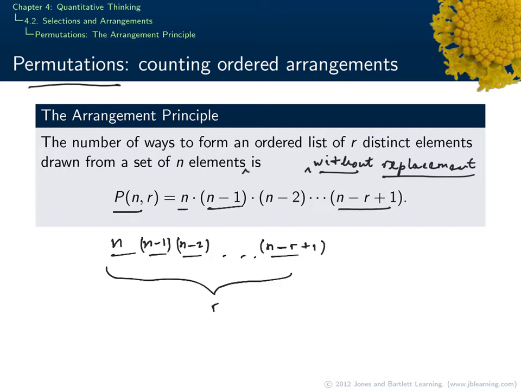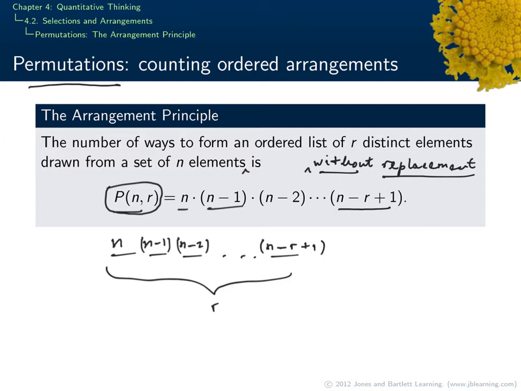If I want to count the number of possible ways that I can do all of this, remember that's just the multiplicative counting principle. And so we multiply n by n minus 1 by n minus 2 down through n minus r plus 1, and that gives us this P(n, r).